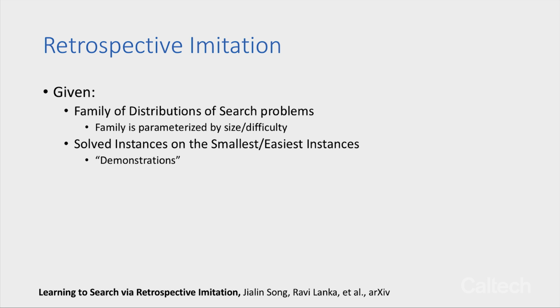Right? So here what we are given is a family of distributions of search problems and solved instances on the smallest or the easiest instances, which I would say in some of our experiments we have it ranging from 8 to 10 obstacles.